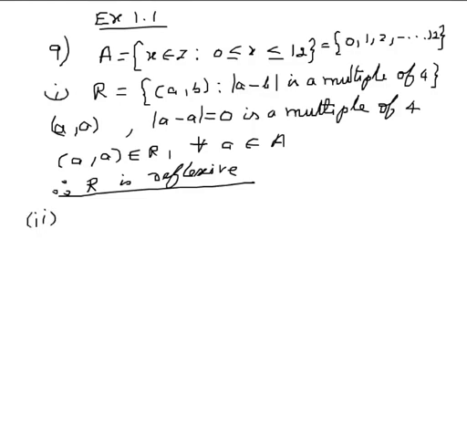Now the second one. Let us consider (a, b) belonging to R, which implies modulus of a minus b is a multiple of 4.